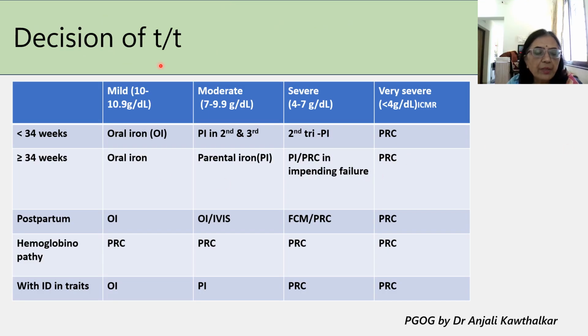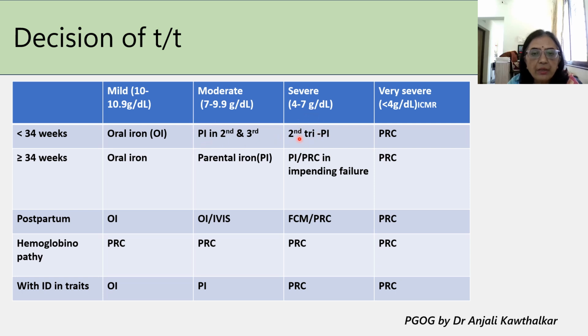Now, decision of treatment. As we have already seen, it depends on the grade and it depends on the stage of the pregnancy on this side and the grade here. So as you can see here, when the pregnancy is less than 34 weeks, oral iron is good for mild anemia. For moderate anemia, we can start with parenteral iron.